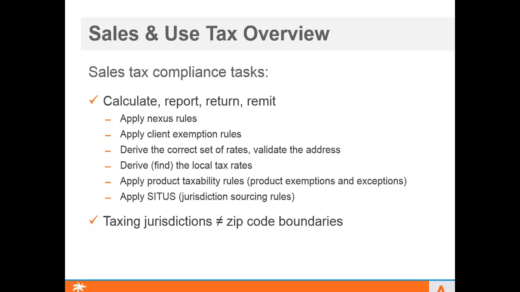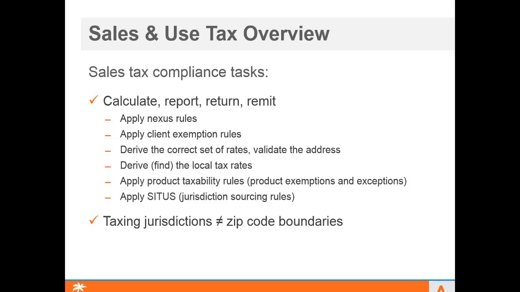One thing also is, a lot of times people see taxing jurisdictions as just, I line up my zip codes. So say a city has this specific zip code, those line up directly and correlate with sales tax. Well, that is actually incorrect.